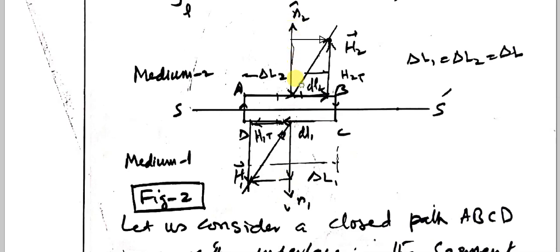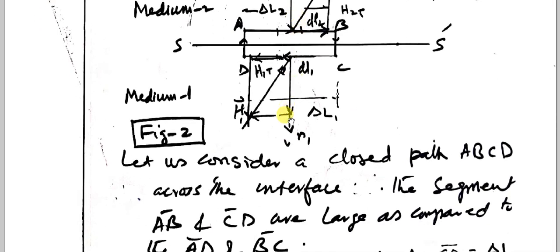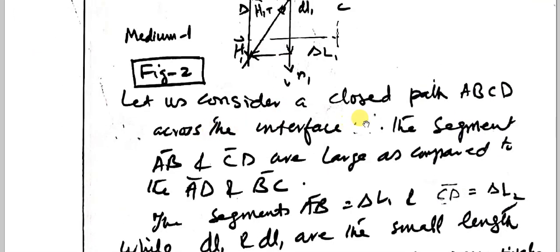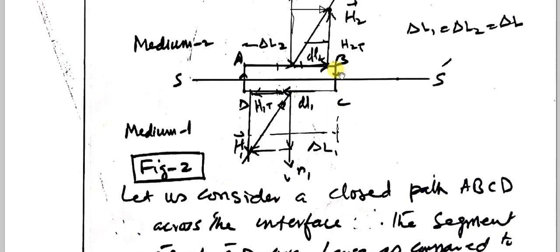Now we consider this closed path ABCD, where the segments AB and CD are large as compared to AD and BC. Again we take the height of this loop to be very small as compared to the segments AB and CD.